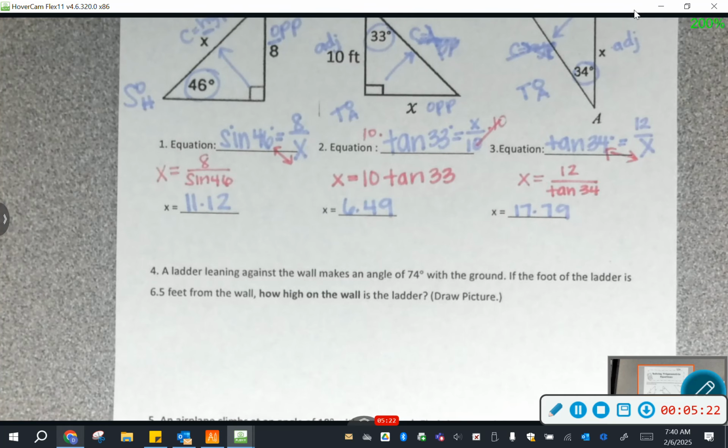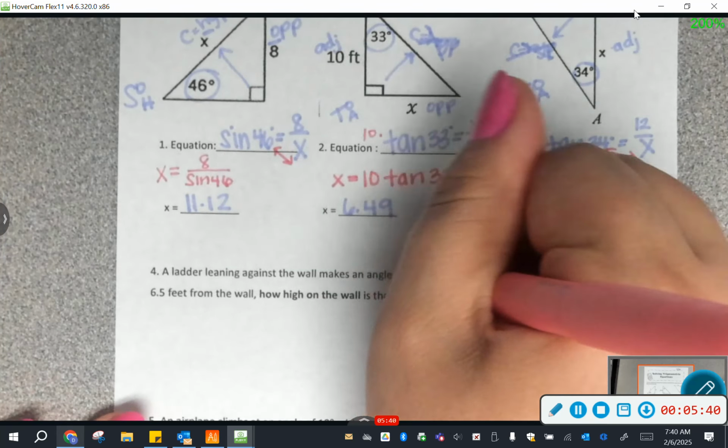Please write this down. Just like last test, the whole back page of this next test is also going to be word problems. So, a ladder is leaning against a wall to make an angle of 74 with the ground.